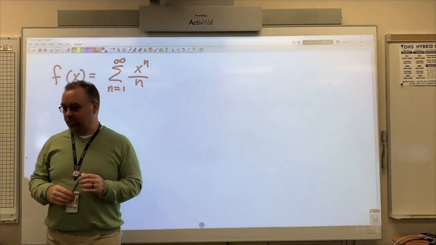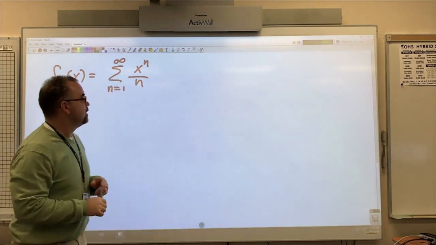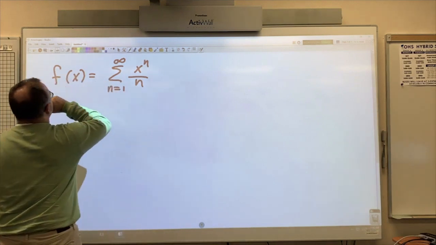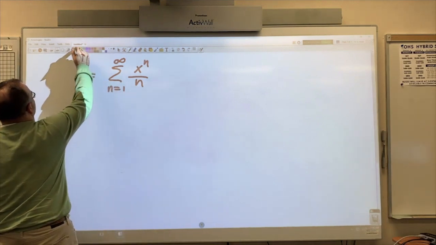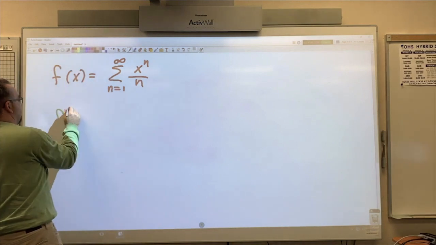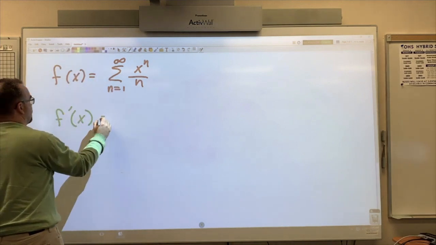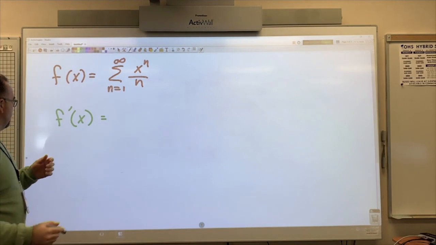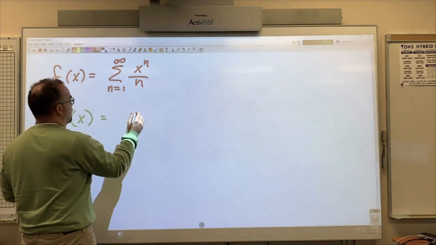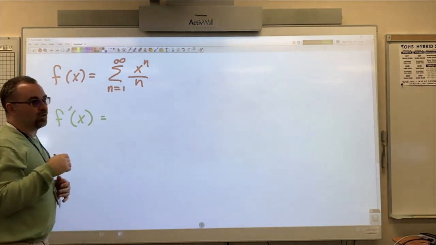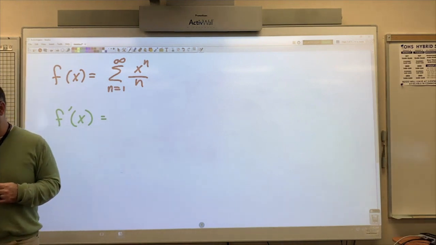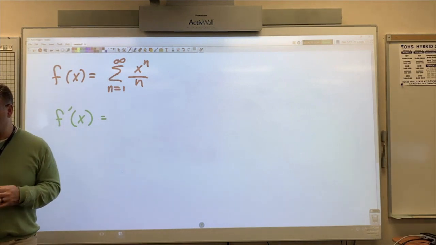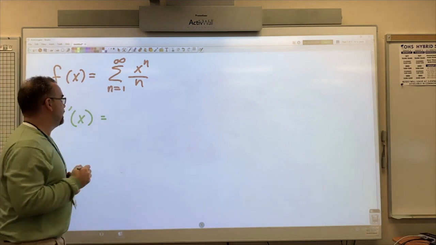So for the derivative of f, let's see, different color. Sure. How about green? Well, you can already see what's going to happen here. I'm going to be bringing down the power n, and that's going to cancel out the power in front. Okay.